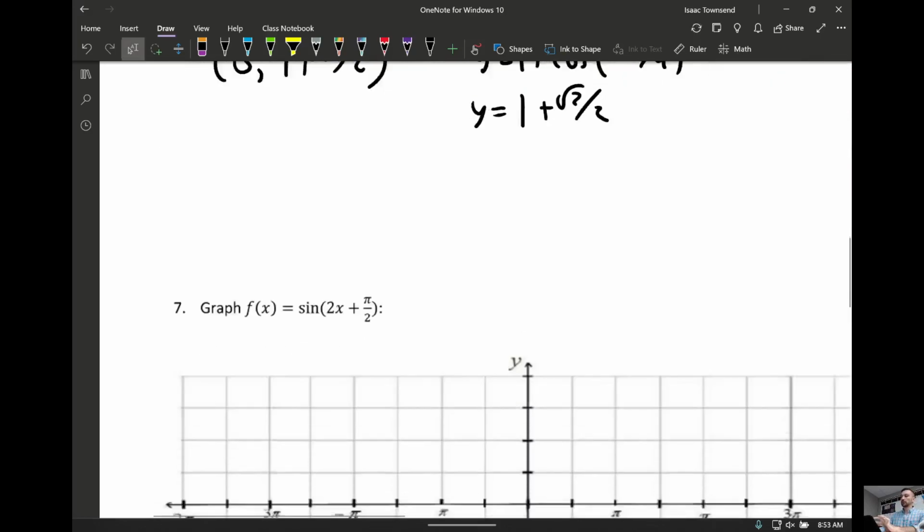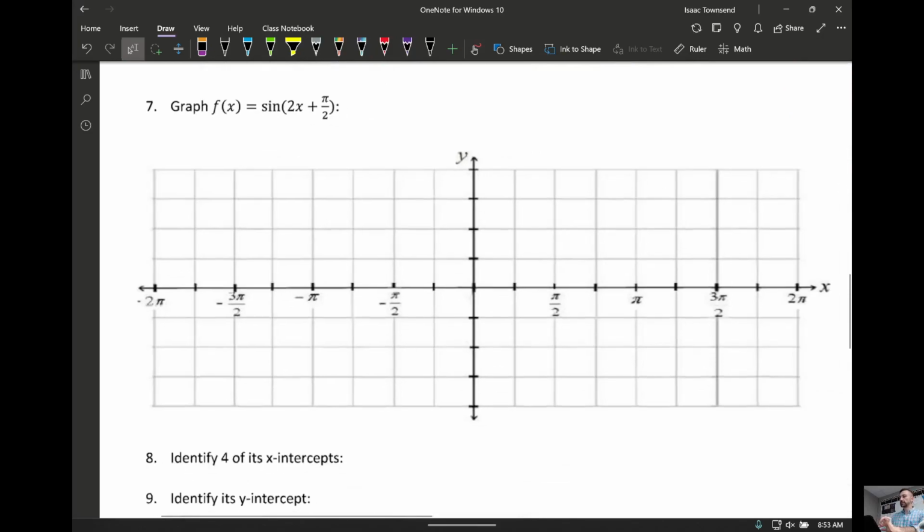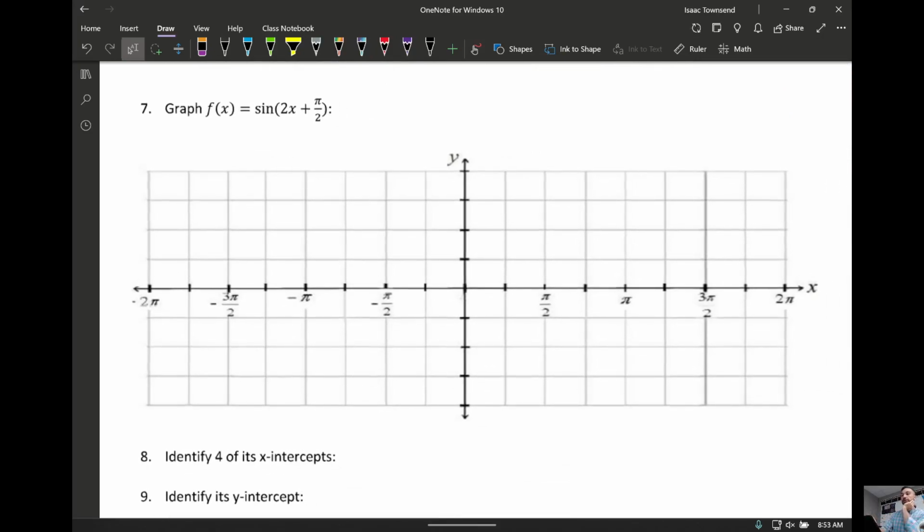Okay, so now that you've had a brief reminder here, why don't you take a moment and do your best to graph question 7. And I still will go over these with you, but you should try it first to see where you're getting stuck, if nothing else.